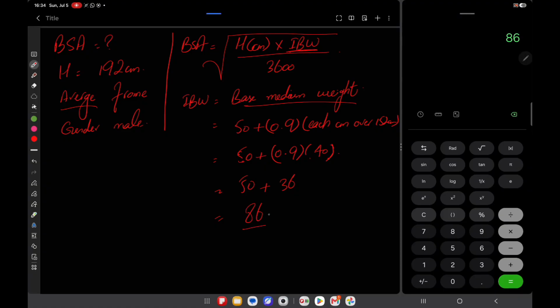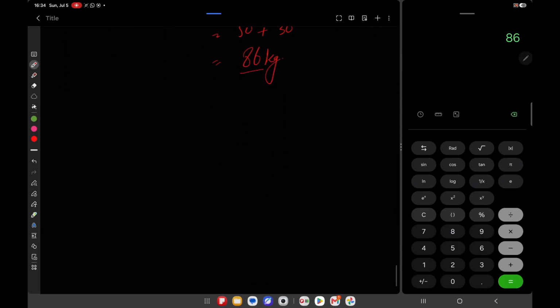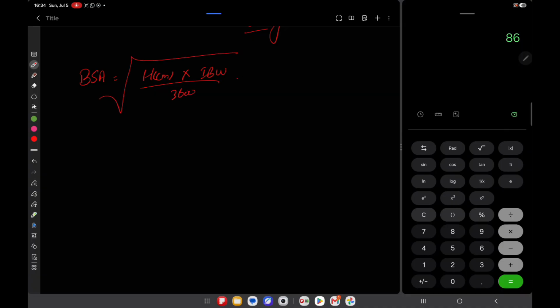So 86 kg is the ideal body weight. Now we have to put this value in the BSA formula. What was the formula? We have to write it again. BSA is equal to height in centimeters multiplied by ideal body weight divided by 3600, whole under root.